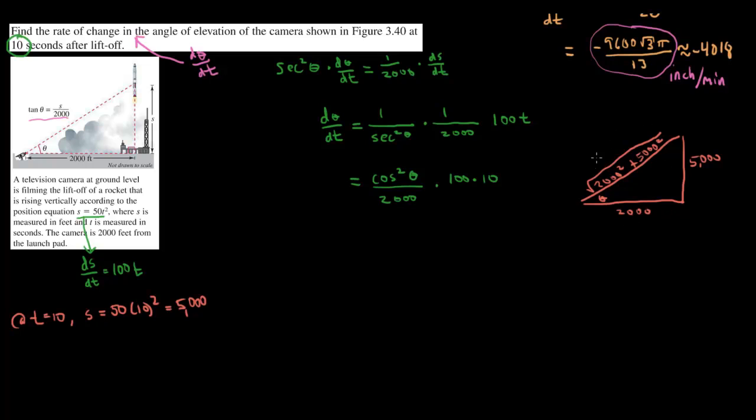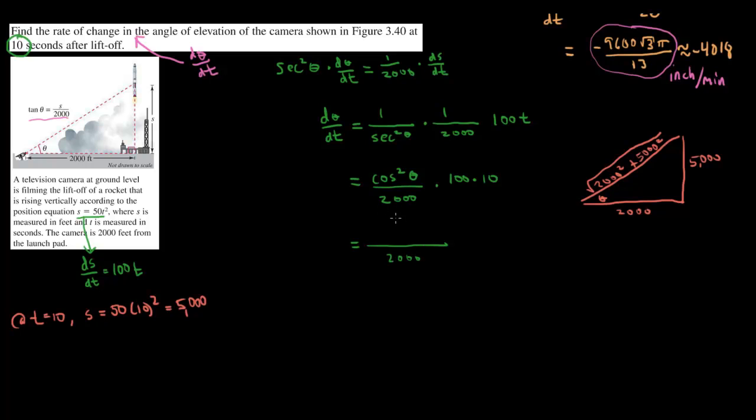So what's the cosine of that angle? Well, what's cosine? SOHCAHTOA: adjacent over hypotenuse. Let's go back over here. This is going to be a not very nice looking fraction, but let's just follow with what we're doing.